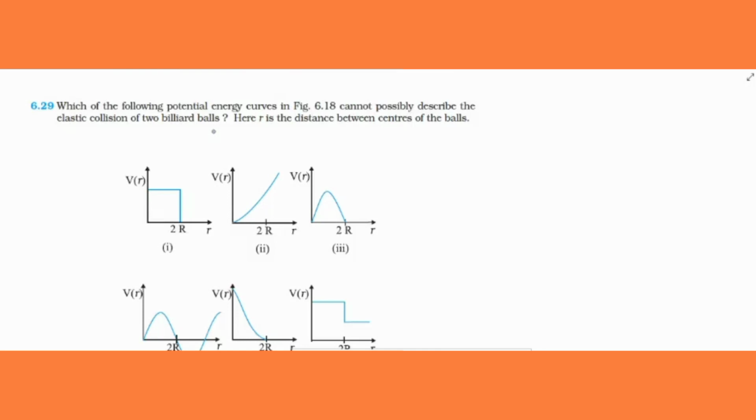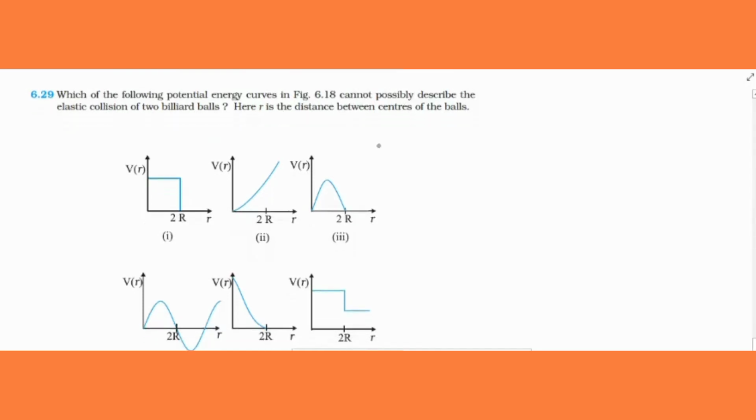So here we can take that concept. What kind of relation between potential energy and distance? When the distance increases, the potential energy decreases.